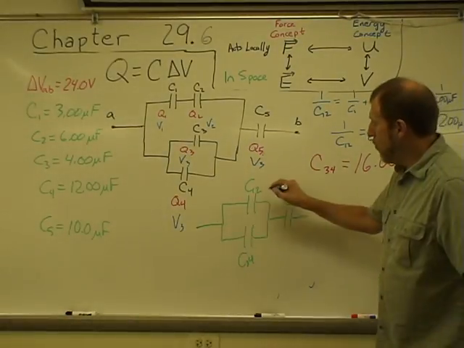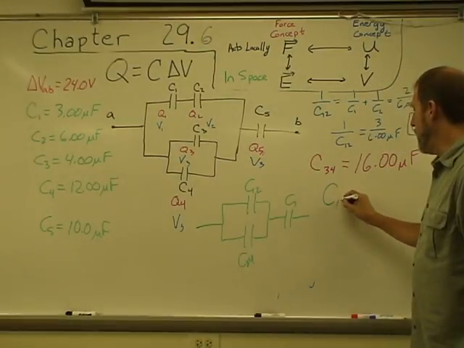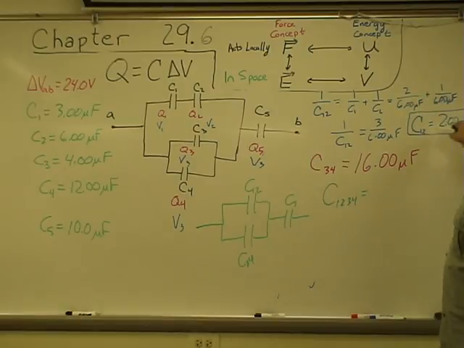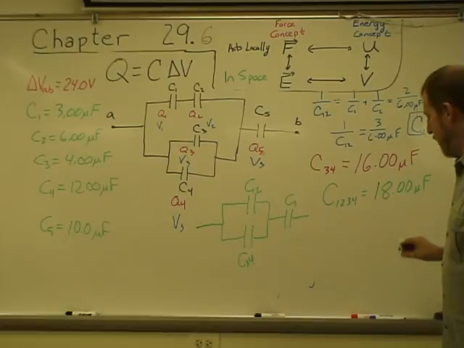So, 1, 2, and 3, 4 are parallel to each other. So the equivalent capacitance of 1, 2, 3, 4 is equal to 2 microfarads plus 16 microfarads, or 18 microfarads.